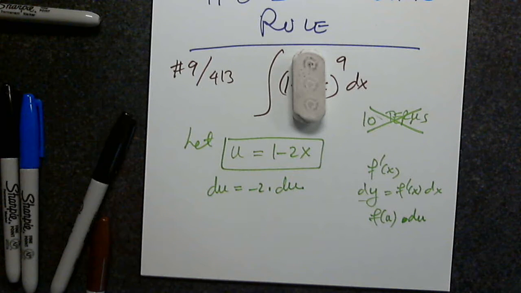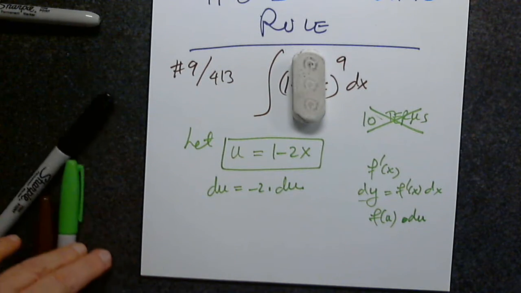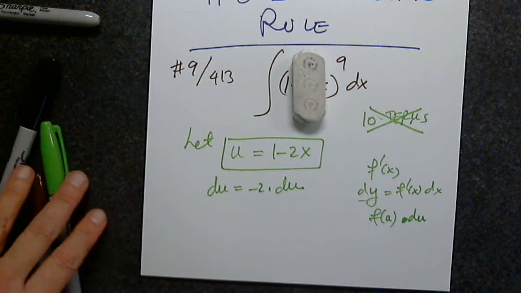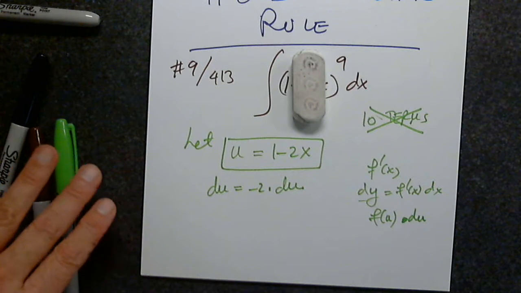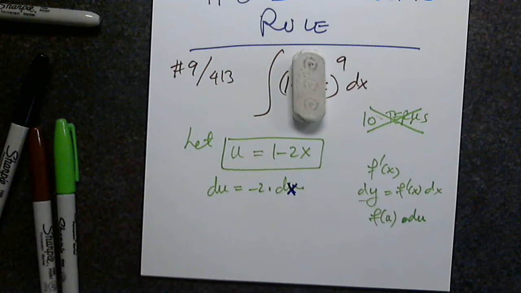So the substitution works as long as I can create du, or du is in the problem, or with a minor change that I can handle. And the minor change that I can handle, very easy to handle, is the negative 2. Yes, please. du equals negative 2 times du, or dx? Of course, I'm sorry. I'm already thinking of the next step. My apologies, of course.